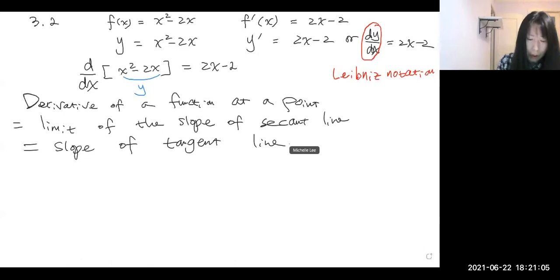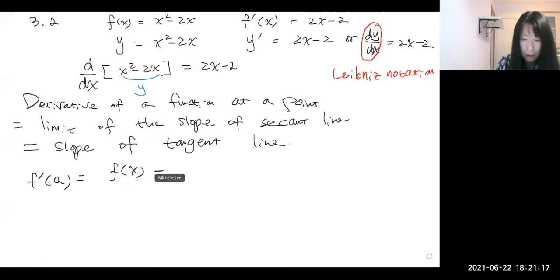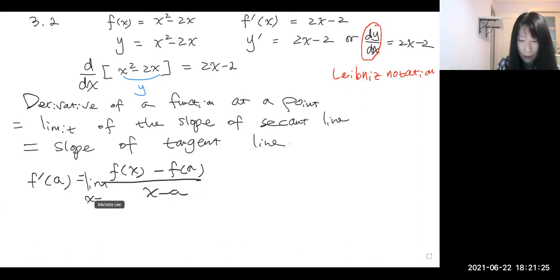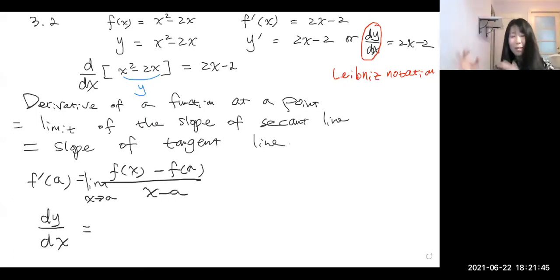So we have, like in the previous section, f prime of a equal to the limit of f of x minus f of a over x minus a. This is the slope of the secant line, which gives us the limit, right? Then this is the limit of the secant line slope, which is the slope of a tangent line, right? Do you agree with this one? dy over dx. I'm going to write down the limit of the slope of the secant line.